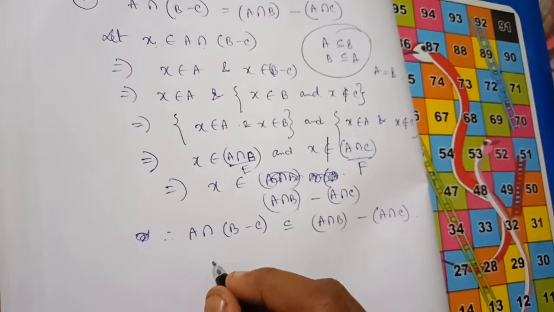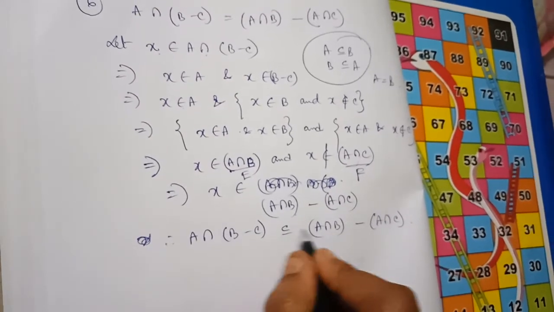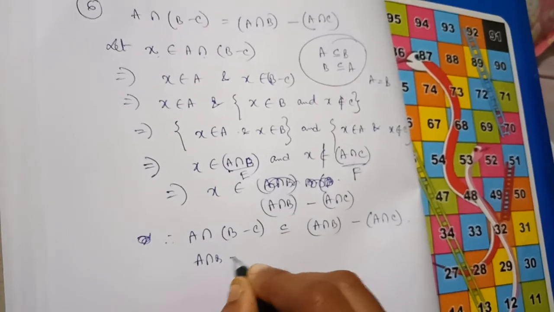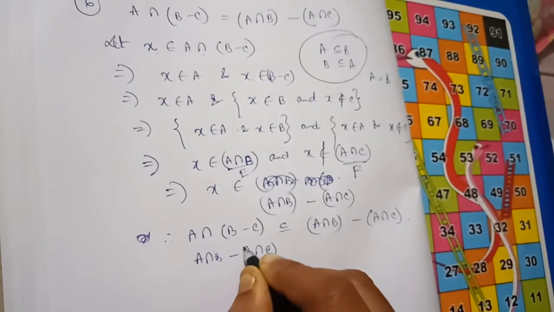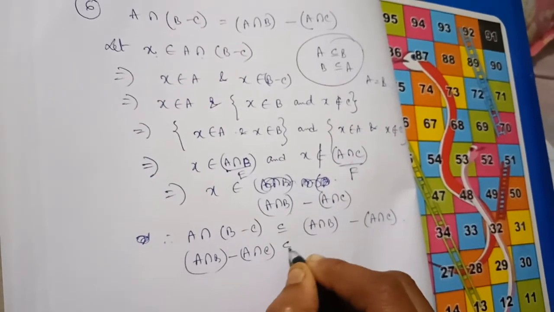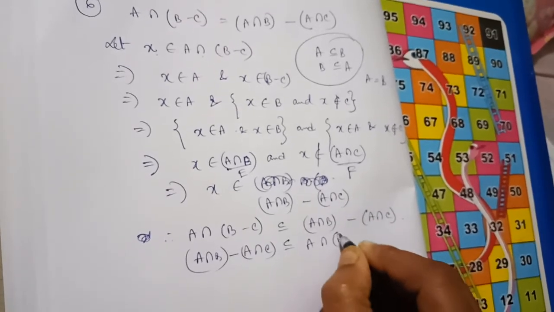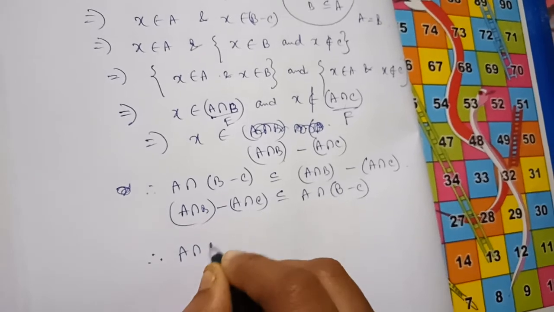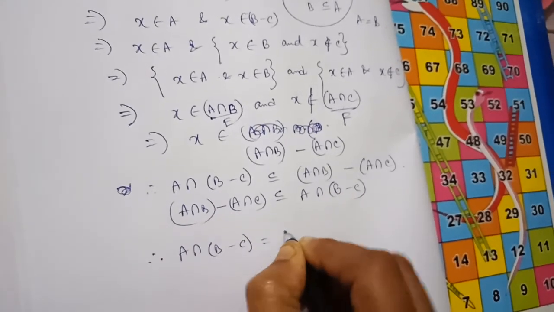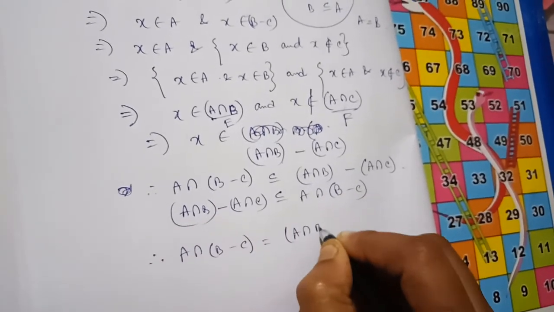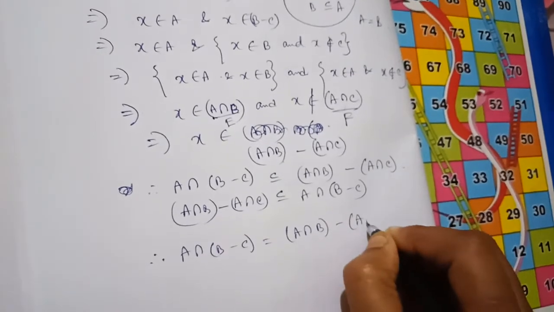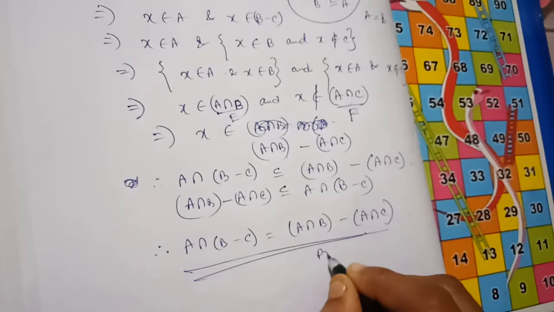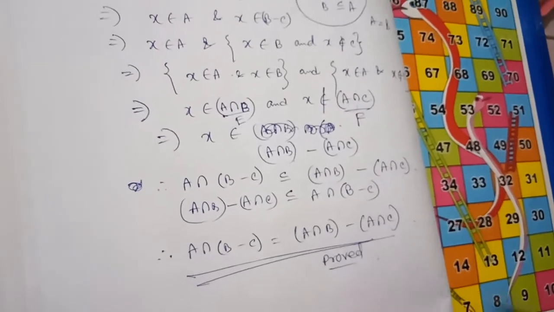So similarly we can prove that (A intersection B) minus (A intersection C) is a subset of A intersection (B minus C). So we can say A intersection (B minus C) equals (A intersection B) minus (A intersection C). So we got it proved.